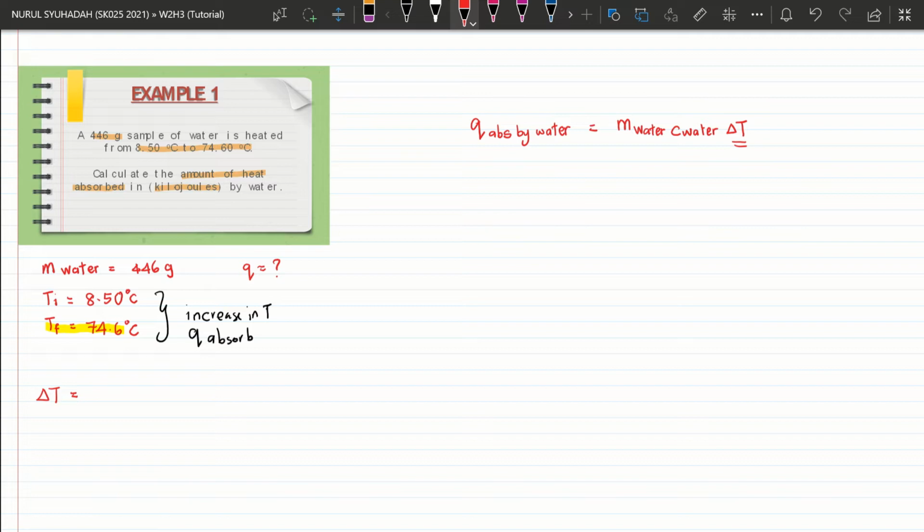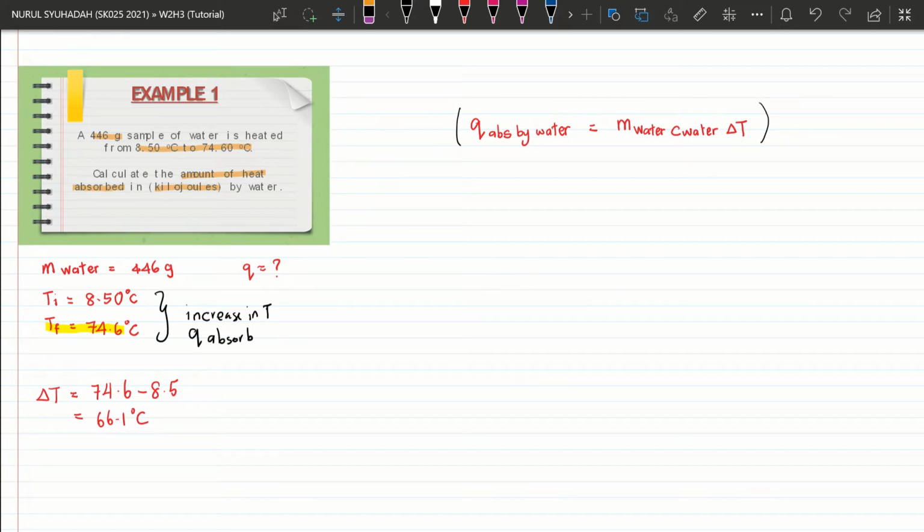I will always use bigger temperature minus the smaller temperature. I will explain it later. So for this one, the delta T will be 74.6 minus 8.5. So the delta T that you will have here is 61.1 degrees Celsius.